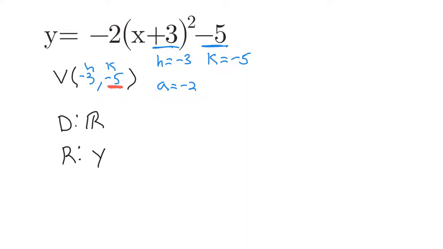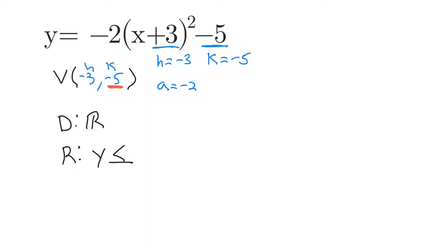So that means the parabola goes down. If the parabola goes down, we are going to use a y is less than or equal to for your range. If the parabola goes up, you guys will use a y greater than or equal to for the range. But right now, a is negative, so it has to go down.